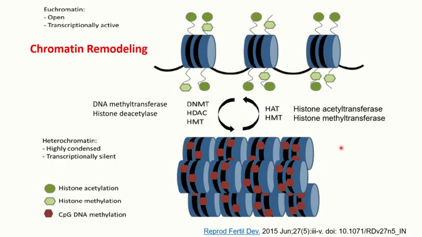And this structure is not constant. It may change for different cell types and different conditions, and some regions become heterochromatin, some become euchromatin. This procedure is called chromatin remodeling.